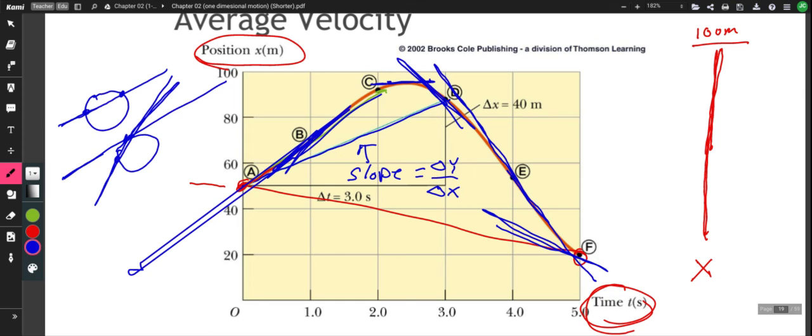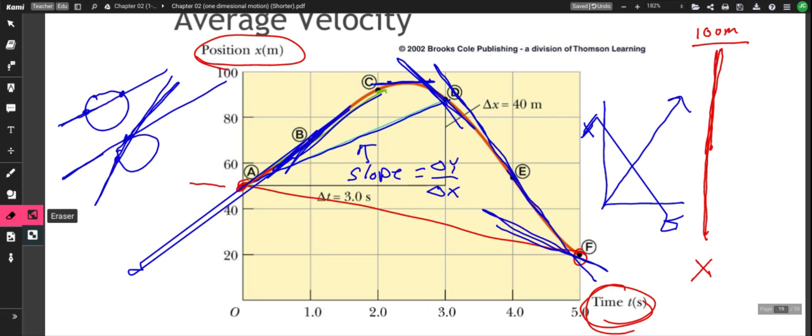If the graph is linear, and what I mean by that is we have a graph that looks something like this. This is a position time graph here on your screen. In this position time graph, what you find is that the instantaneous velocity and the average velocity are the same.